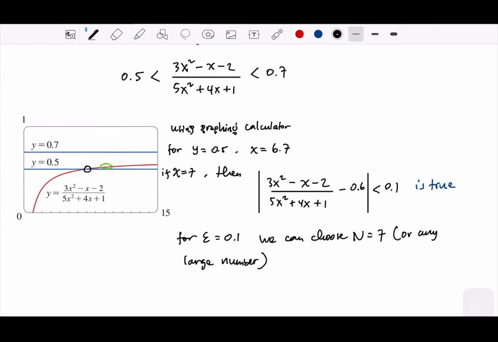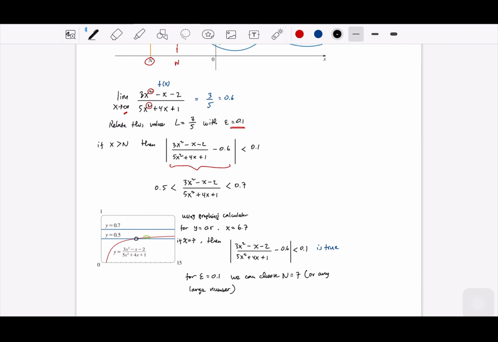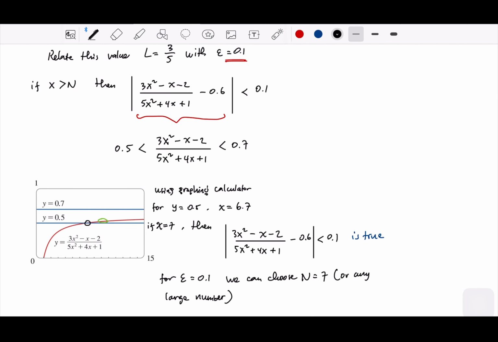Another proof in which we can see some principles, for your understanding in calculus, is 1 over x. I believe this is just to show you how the precise definition works.